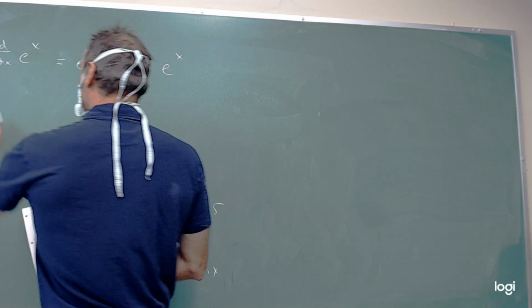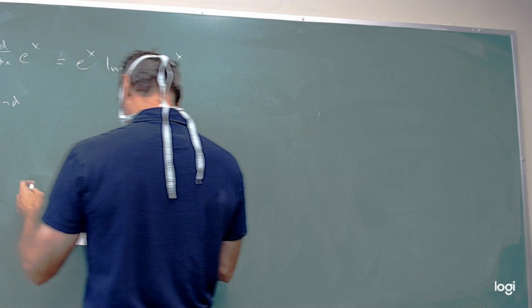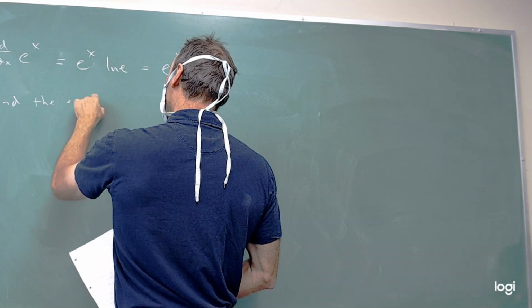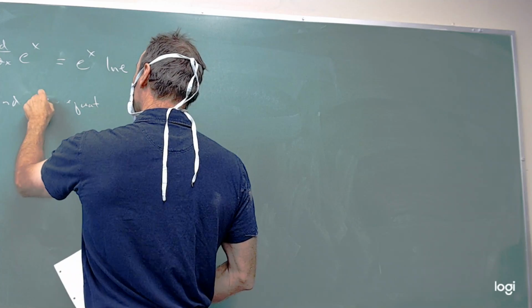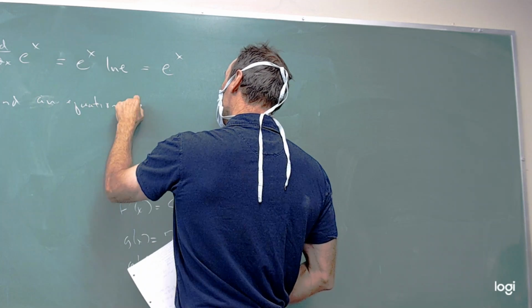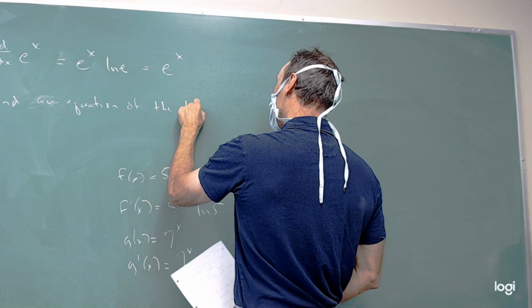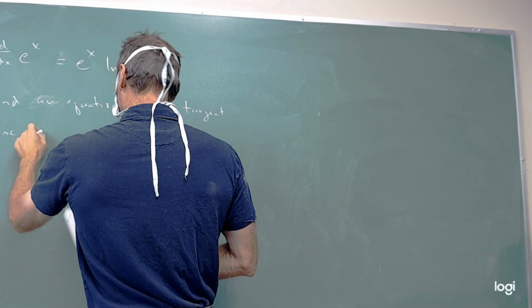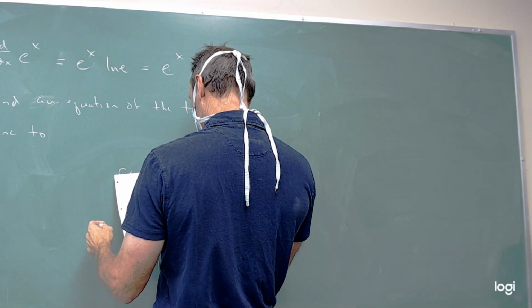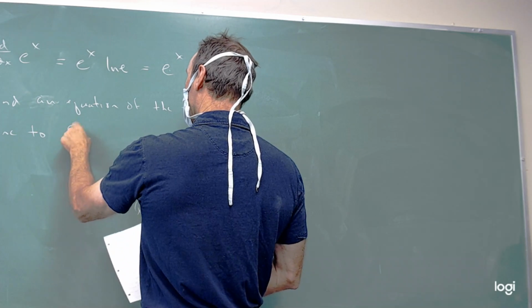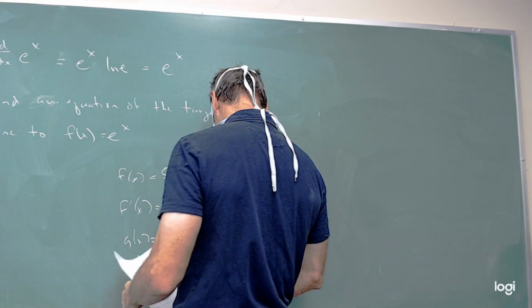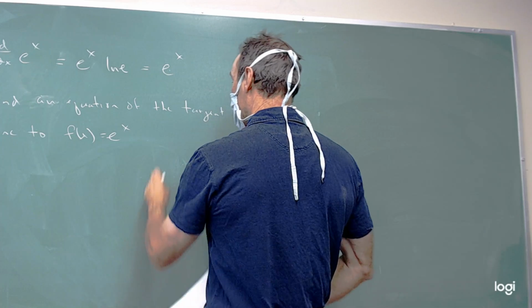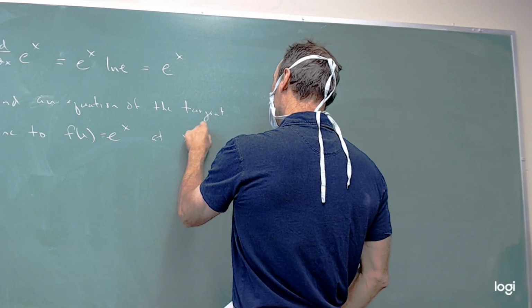So let's use our newfound knowledge. Find an equation of the tangent line to f of x equals e to the x at x equals 1.